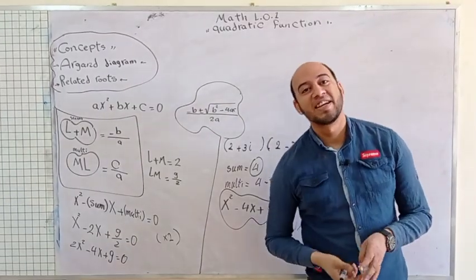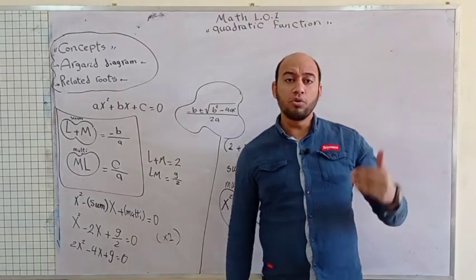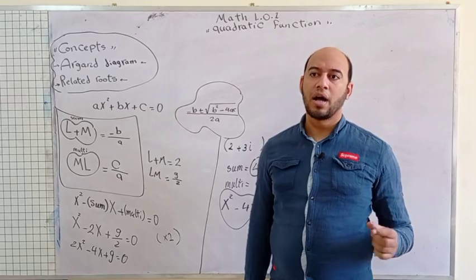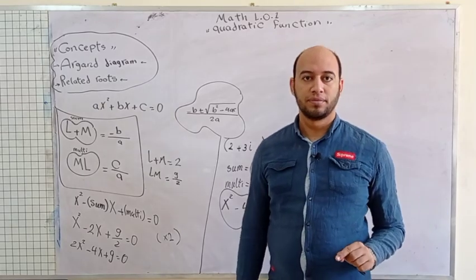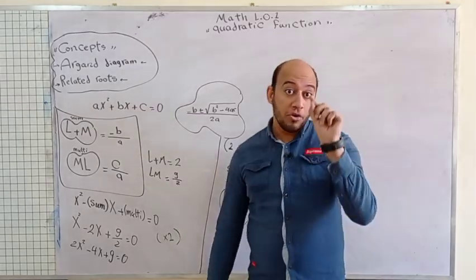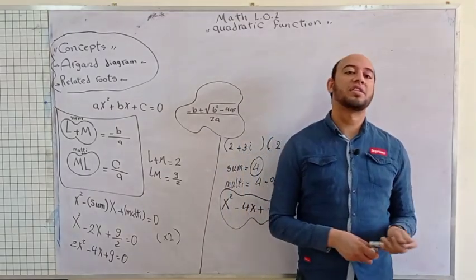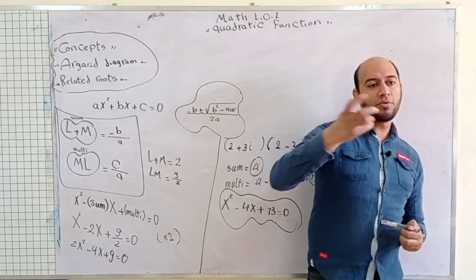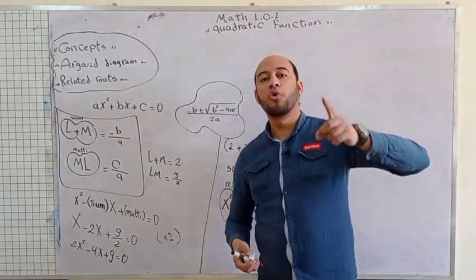If he said that the roots of the new equation are the cubes of the previous roots, cube power 3, that means if the first equation roots are l and m, the new equation roots will be l cubed and m cubed.